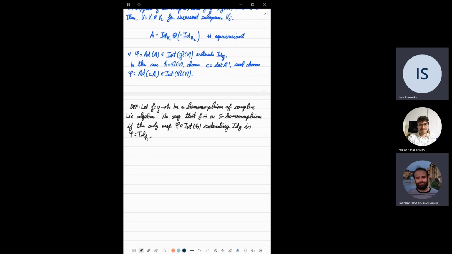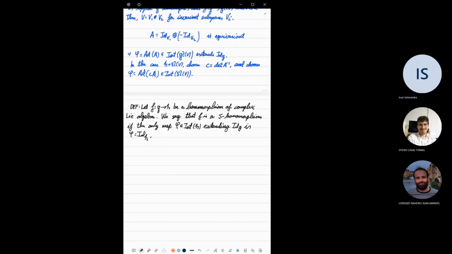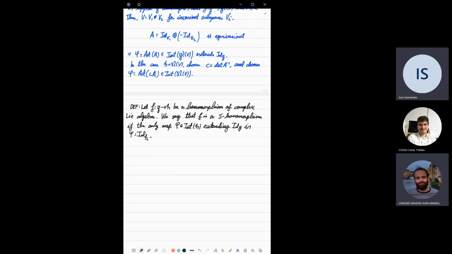There should be some outer automorphisms such that the fixed point set is still a semi-simple subalgebra. It will be something like SO-NC. It's just not clear whether that embedding of the fixed point subalgebra into the original algebra will be an S homomorphism. What if there are actually some inner automorphisms that also extend the identity? Yeah, it could be the case.